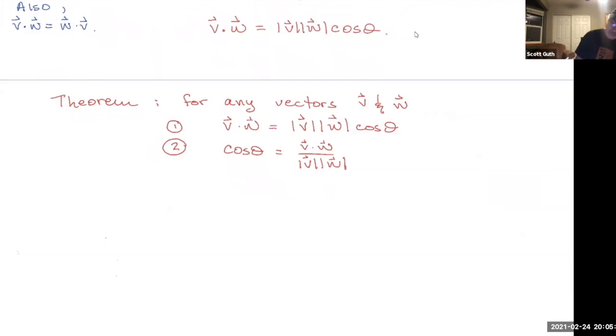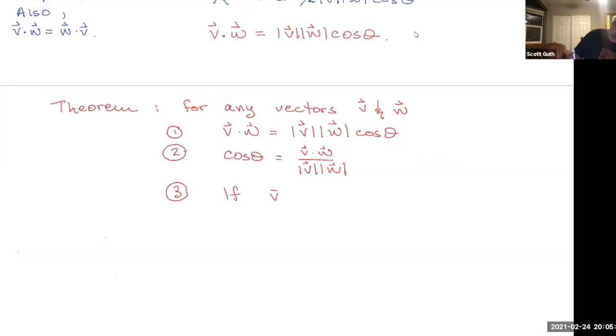I think I would also like to add that, very importantly, if v is perpendicular to w, then v dot w will be what?